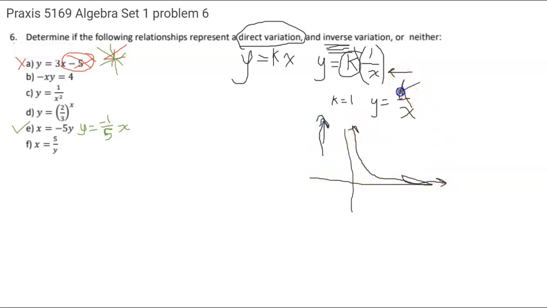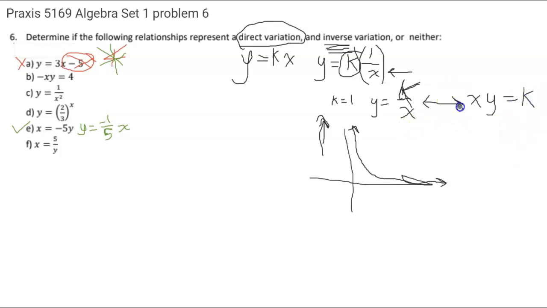So just look for that shape if you've got graphs. If you don't have a shape, just look for y equals k over x. And I would like you to notice that y equals k over x is the same as xy equals constant. I just multiplied both sides by x to clear it out.